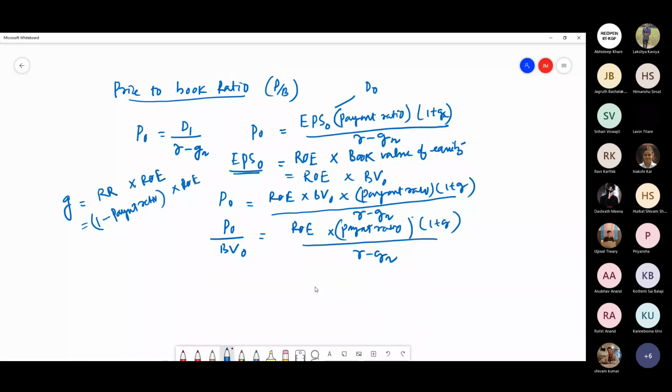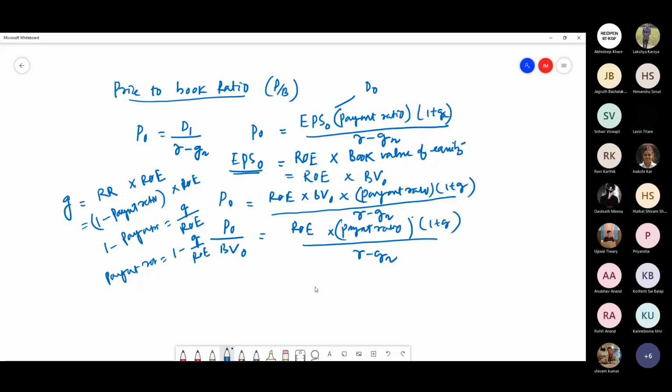Then 1 minus your payout ratio is nothing but G by ROE, and your payout ratio is 1 minus G by ROE.